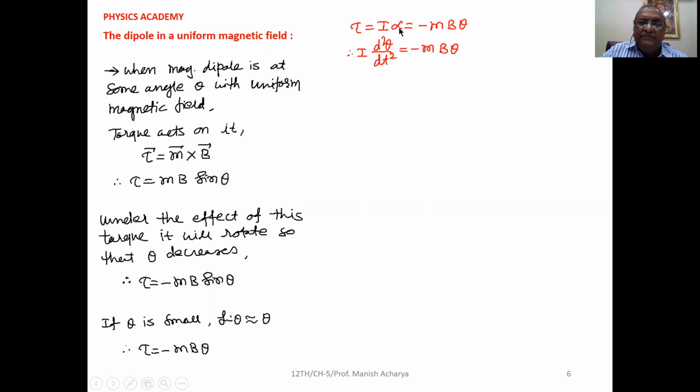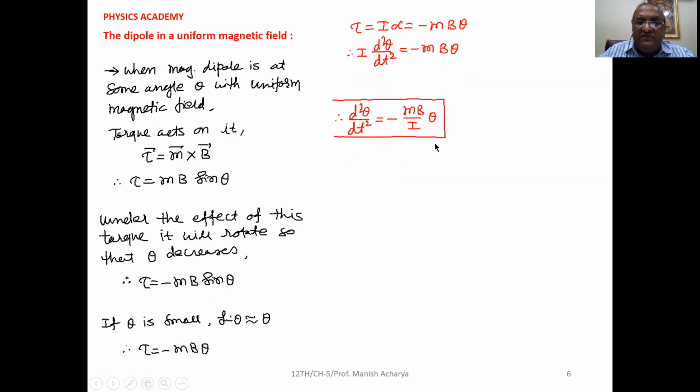But alpha, the angular acceleration, is the second time derivative of angular displacement with respect to time t. So I d2 theta by dt2 is equal to minus MB theta. Now take I to the right hand side: d2 theta by dt2 is equal to minus MB upon I into theta.